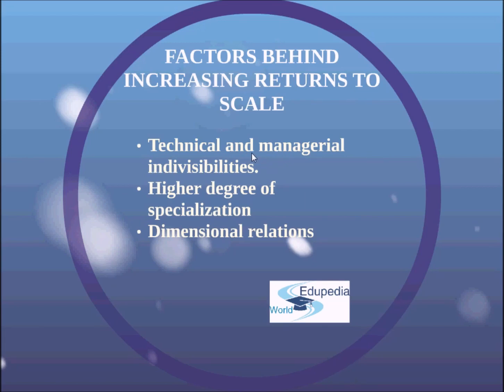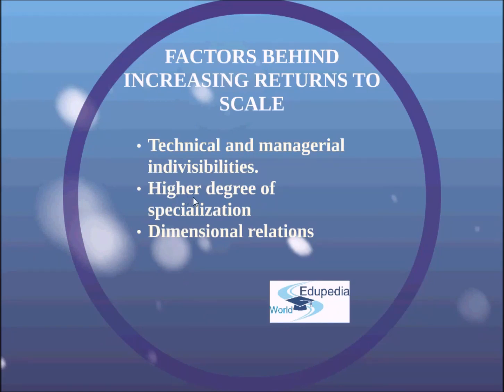Such inputs cannot be divided into parts to suit small scale of production. So when the scale of production is increased, these inputs can be utilized to their optimum efficiency. That is why there is an increase in the quantity produced as compared to the increase in the inputs used in the production process.